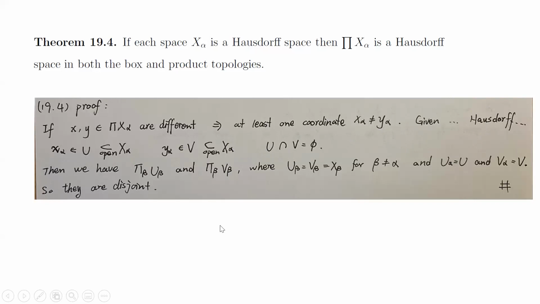So the product of U beta and the product of V beta are disjoint, because they have one coordinate which is different here.